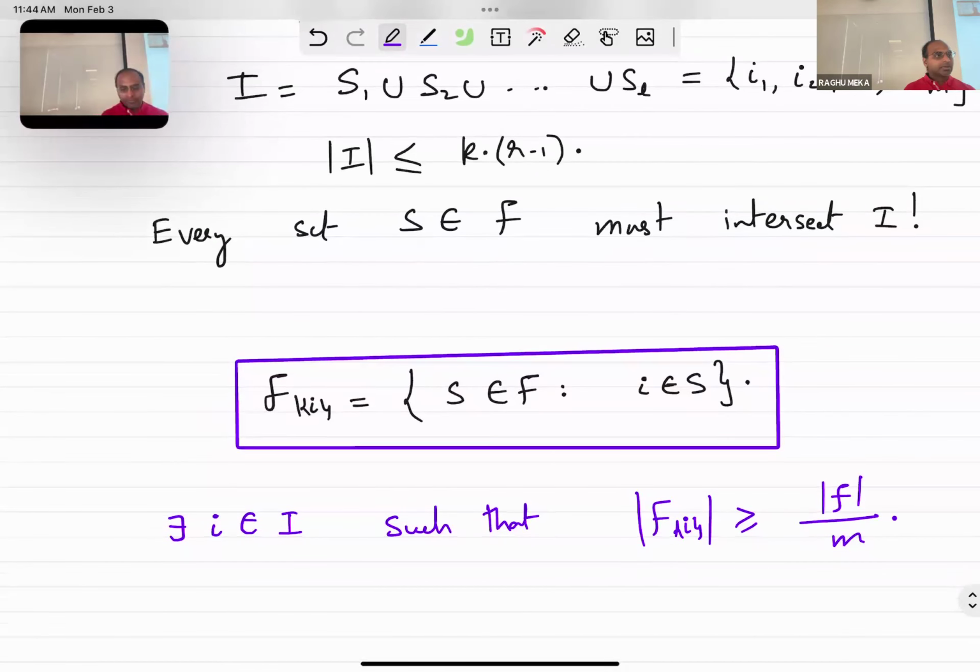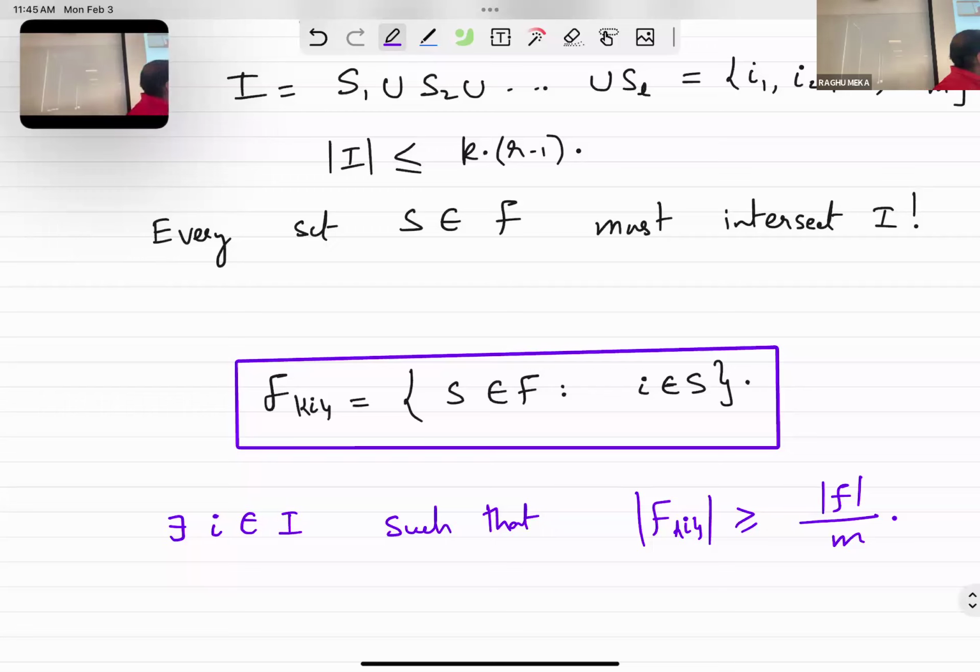Every set must intersect one of these I's. So one of the elements must actually contribute for many of the intersections. There are only M elements. So at least one of these elements actually is responsible for about the average number of intersections.